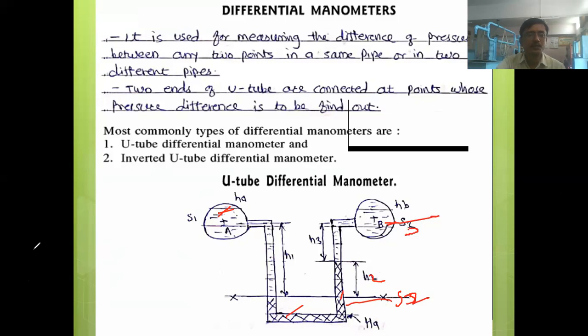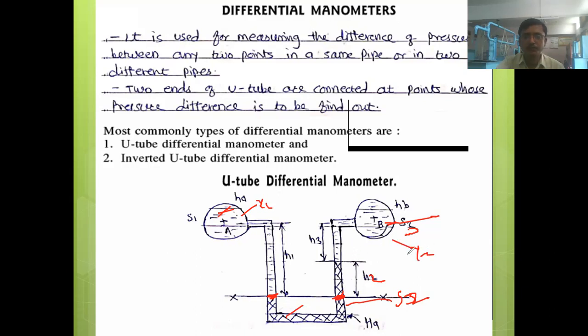That is, under equilibrium condition, the pressure intensity in the left limb above the datum must be equal to the pressure in the right limb above the datum. Okay, so under equilibrium we have equated these two. So what are the pressure intensities in the left limb, and what are the pressure intensities in the right limb above the datum?